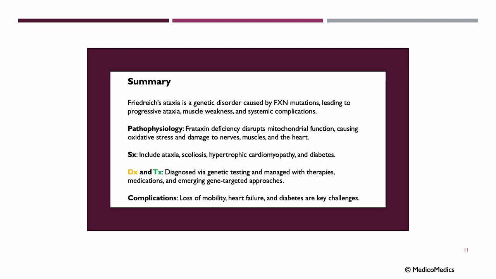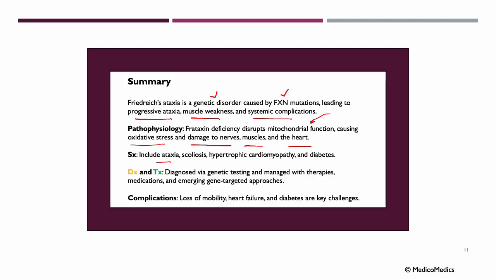So in summary then, Friedreich's ataxia is a genetic disorder caused by FXN mutations, leading to progressive ataxia, muscle weakness, and systemic complications. Frataxin deficiency disrupts mitochondrial function, causing oxidative stress and damage to nerves, muscles, and the heart.